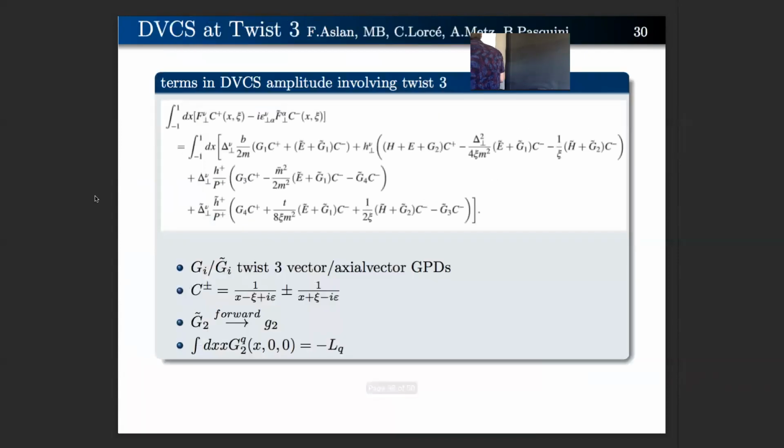However, this is how the twist 3 objects appear in the DVCS amplitude. It looks horrible, but the main point is they always appear in some linear combinations. It's never any of these functions alone that appears in the DVCS amplitude.